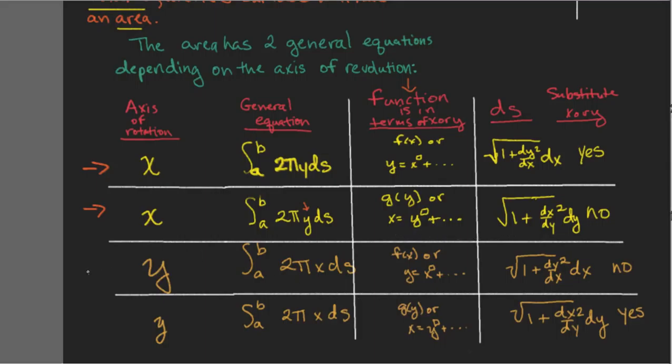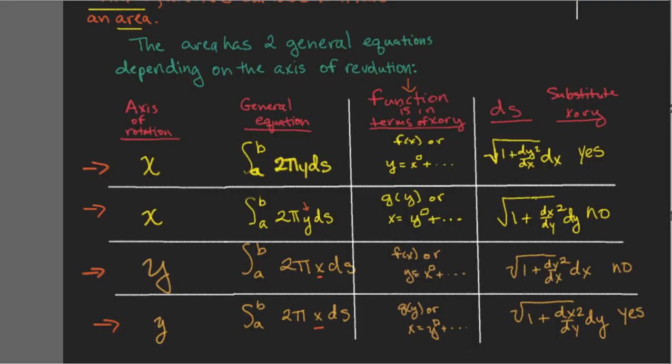Now, if we look at the y-axis rotation, the formula changes. It's always the opposite in the main formula. So if it's a rotational axis of y, it's 2 pi x in both scenarios. And depending on whether your function is in terms of x or y, you will be able to plug in the right differential segment.